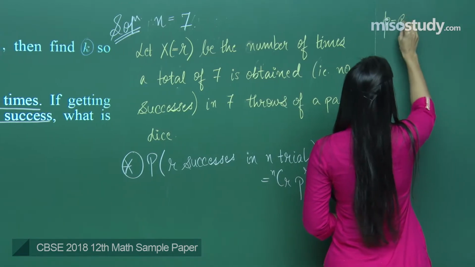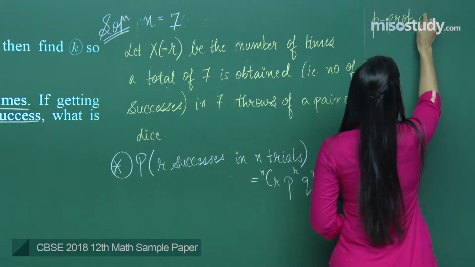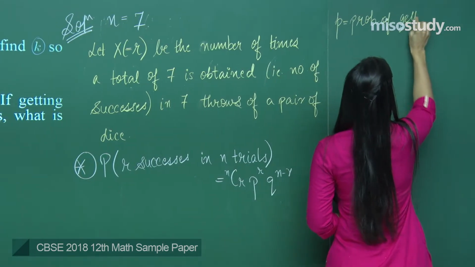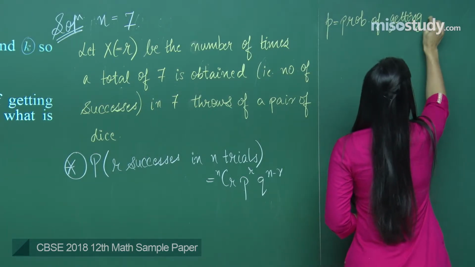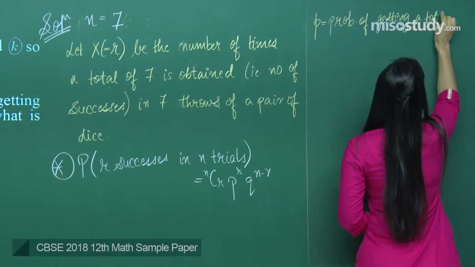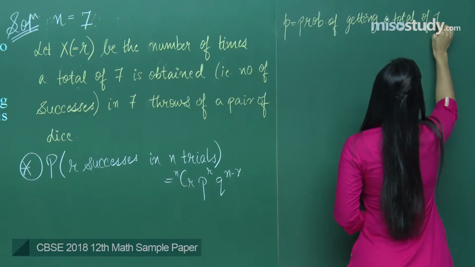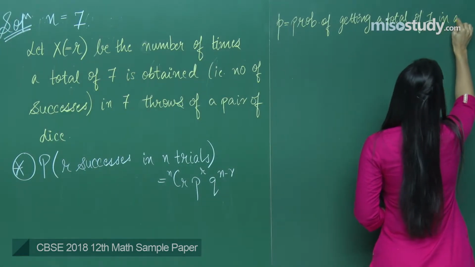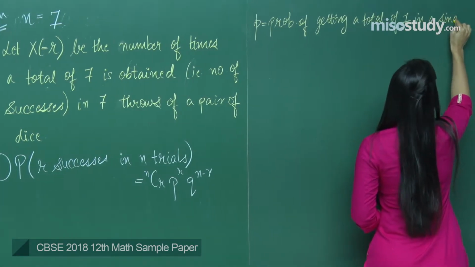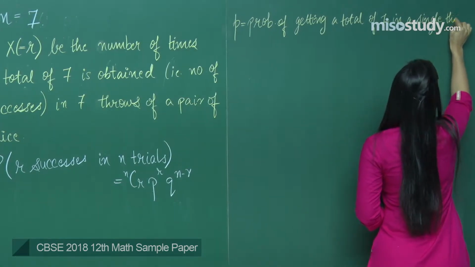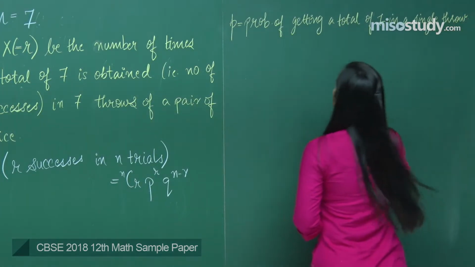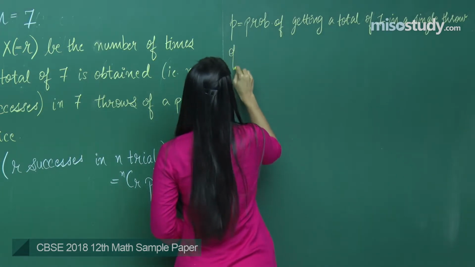Small p is the probability of getting a total of 7 in a single throw of a pair of dice.